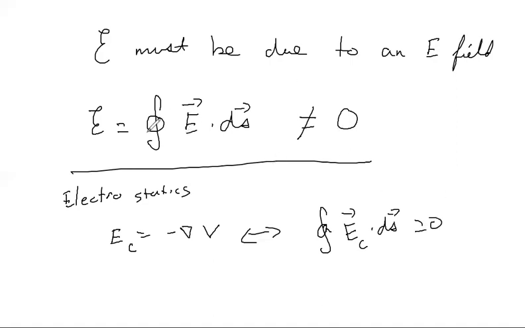Here we have a closed loop and the line integral of the electric field around it must not be zero. Therefore, we must be getting some new contribution to the electric field. We must have a non-conservative electric field.